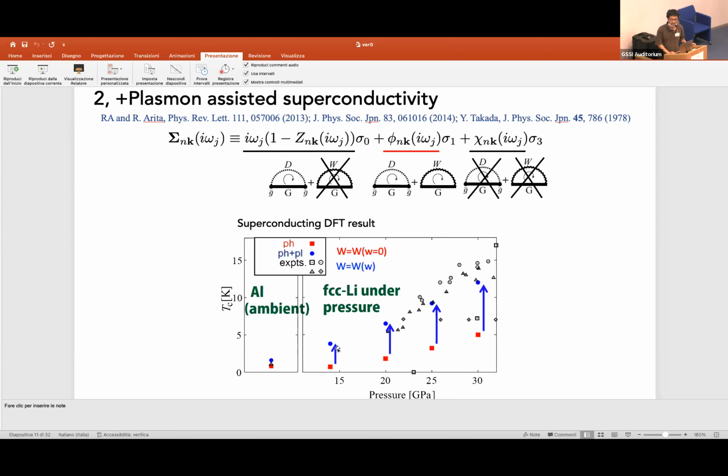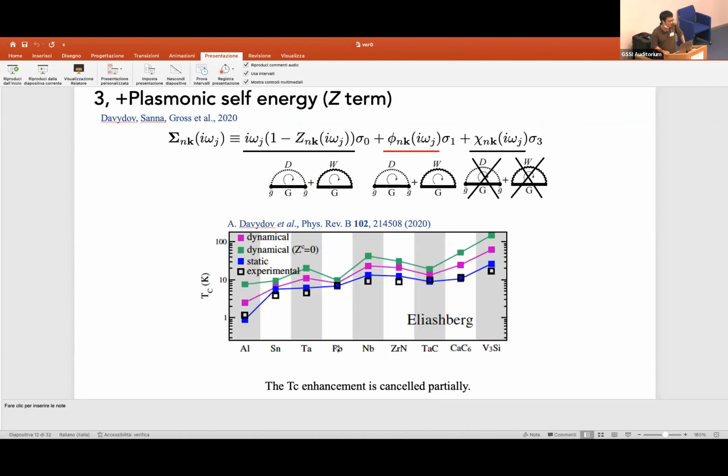And afterwards, the effect of plasmons on the normal self-energy part has also been partially explored. This is a work also by Antonio and Hardy.